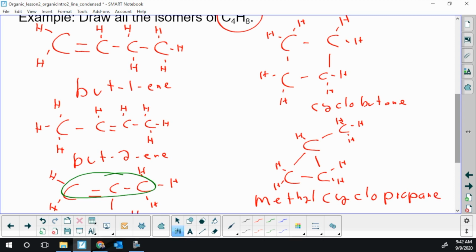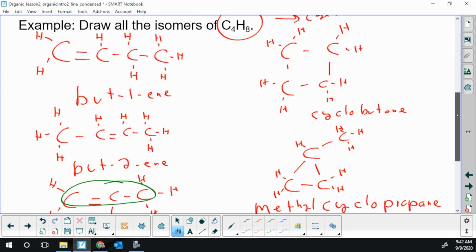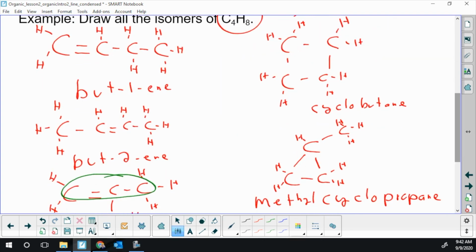So I can't move the methyl around, it'd still be in the 1 position, and I can't do a 2-carbon long ring. That just doesn't make sense. So that's it. The answer to this question of the how many would be 5, and I've drawn all 5 of those isomers using the generic formulas to guide me.